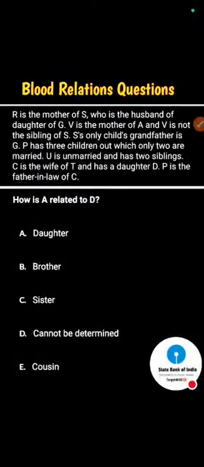C is the wife of T and has a daughter D. P is the father-in-law of C.